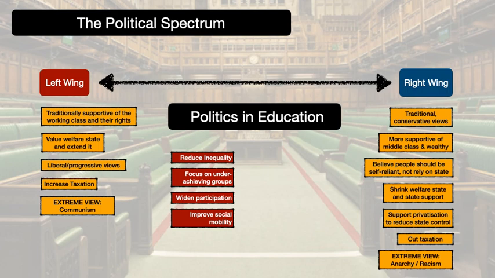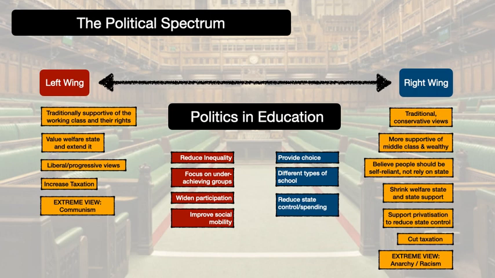On the other hand, the more right-wing view of education would be to have greater choice for students and parents. They believe in there being different types of school to suit specific people, to incorporate those choices. They'd like to reduce state control and spending as a means to driving up standards.